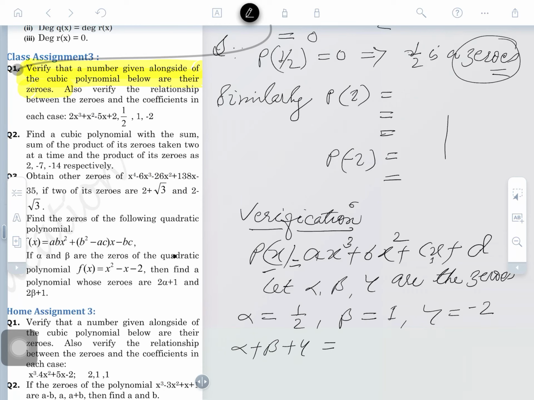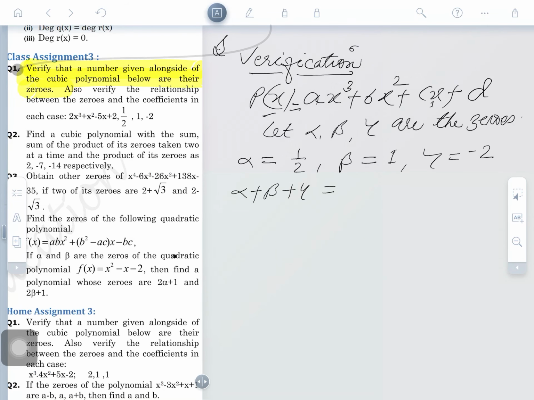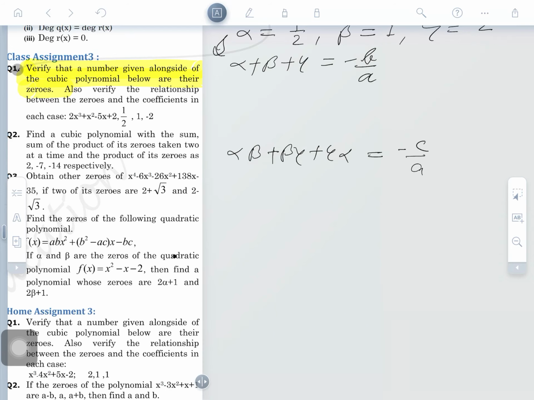If any three real numbers are the zeros of a cubic polynomial, then the following relationship will be there between them. Alpha plus beta plus gamma will be minus b by a, alpha into beta plus beta into gamma plus gamma into alpha will be c by a, and furthermore alpha into beta into gamma will be minus d by a.